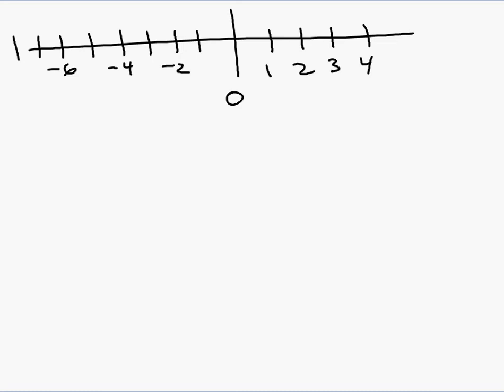Let's look at negative 6 and negative 4. Which one of those two numbers is bigger? Basically, the farther to the right it is, okay, that's the bigger one. Negative 4 is farther to the right than negative 6, so I would say that negative 4 is greater than negative 6. Okay?